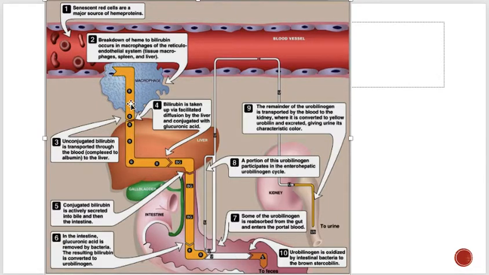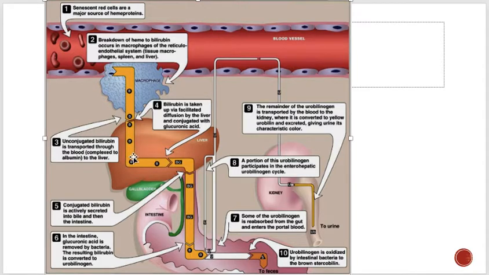Remember, the unconjugated form is basically not water soluble. So it is taken to the liver, transported when it is attached to albumin.